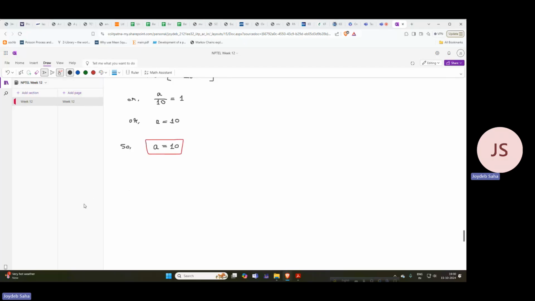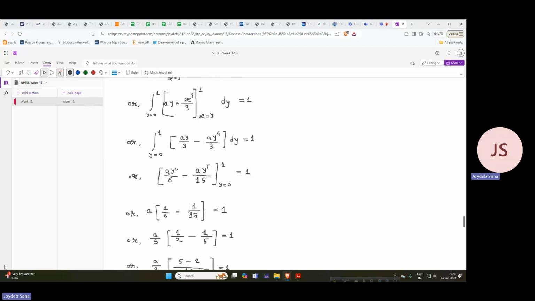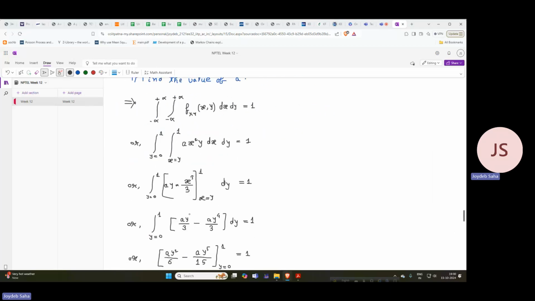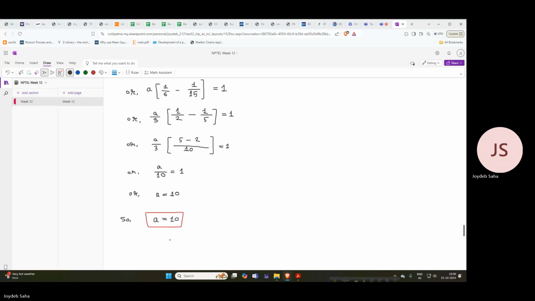Okay, fine. Is there any query? Please look at the solution once, try to understand, and then we will proceed for the next part of this question.